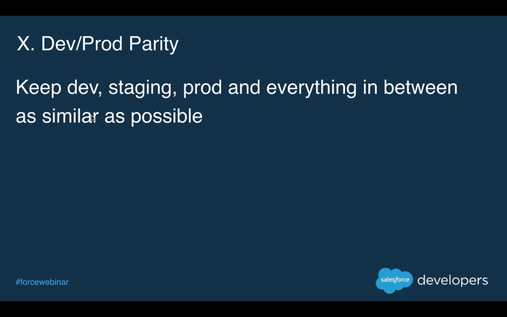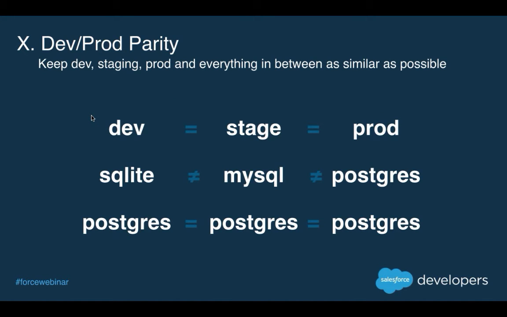Another one of the factors is dev prod parity, keeping your development, staging, and production environments as identical as possible, as James said, to reduce the incidence of unexpected problems. The most common place I see this violated is at the database layer. So we recommend at Heroku that if you're using Postgres in production, you should be using it locally as well.